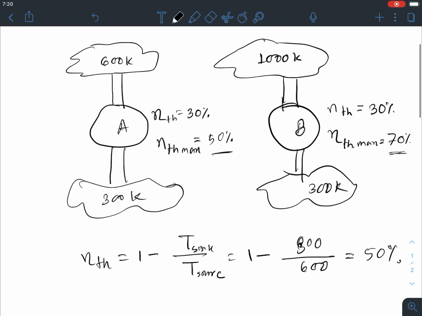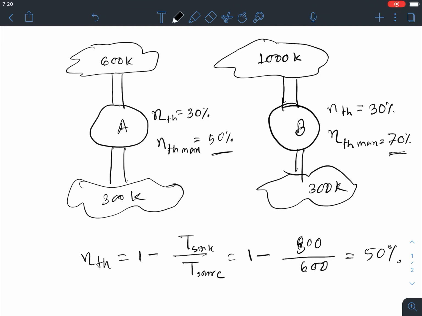Now in real life conditions, that's not the case. In real life, there are some losses, right? This efficiency we saw in chapter 5, we defined based on the first law of thermodynamics, or we call it first law efficiency.